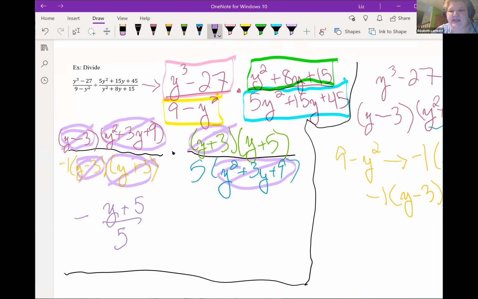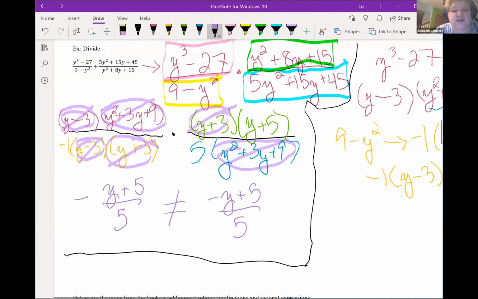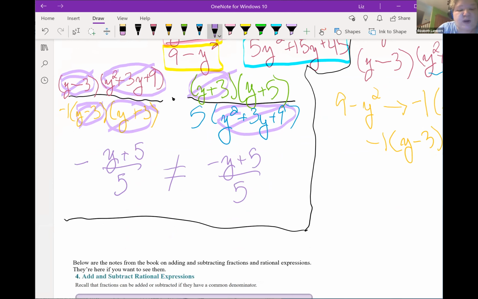If you're not paying attention, the minus sign can end up on top, and this is not the same as negative y plus 5 over 5, like that. You might be saying, hey, Liz, you moved that negative before. True, but if we are going to move it, then we need to see it with parentheses. So it is the same as the negative onto y plus 5, or you change the sign of both of them.